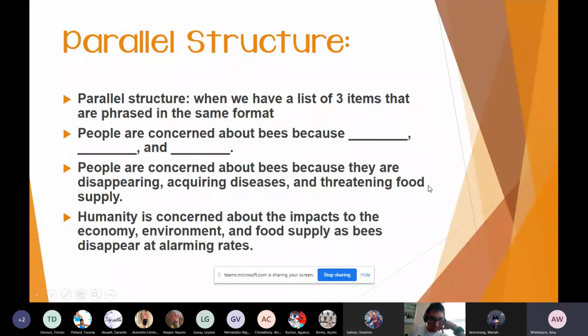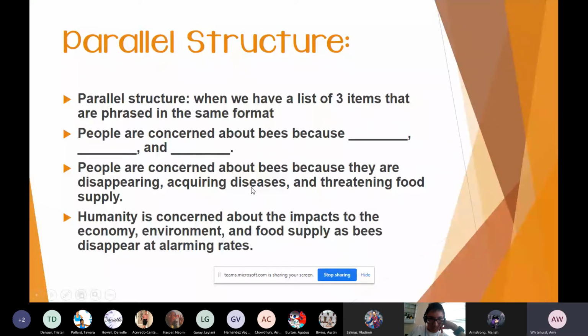All right, our example here using parallel structure is people are concerned about bees because they are disappearing, acquiring diseases, and threatening food supply. So this thesis has parallel structure because all three beginning phrases are ending in the same suffix of ing.